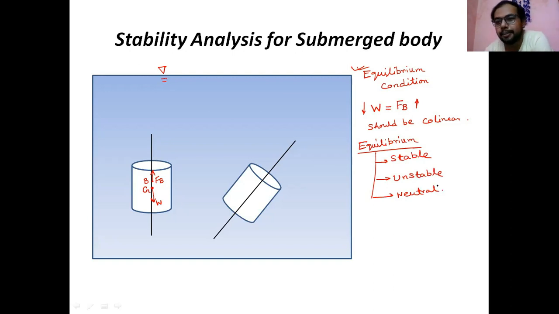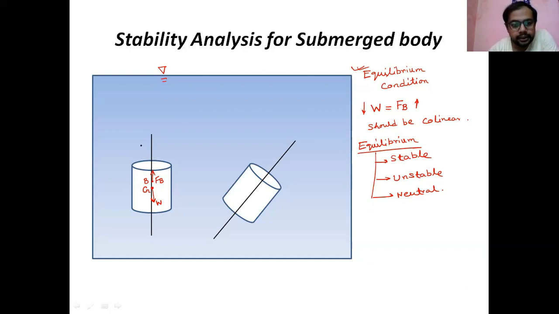You might have heard about this. What does stable equilibrium mean? A body is at equilibrium. If you disturb its equilibrium slightly, it will come back to its own position and establish the equilibrium condition again. Then this body is called stable equilibrium.